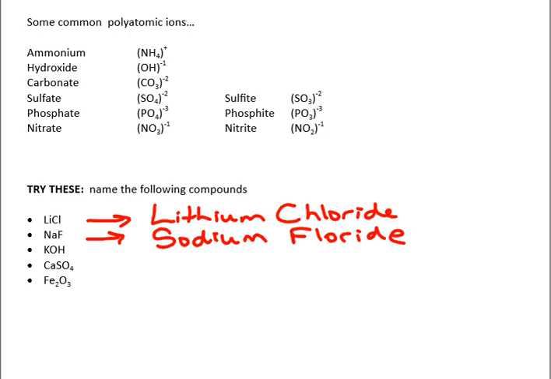In the third example, we've got potassiums, oxygens, and hydrogens. There is more than 2 elements. Potassium is a metal. It gets the standard metal name of potassium. The OH grouping then will be a polyatomic ion, and if you check up here, you'll find out that its name is hydroxide.